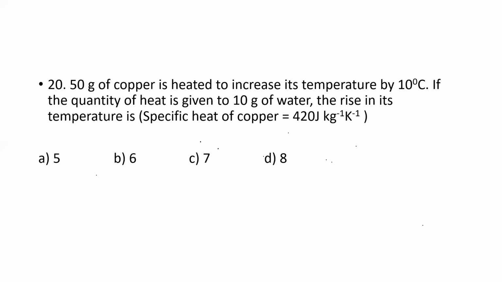Okay. Then 50 gram of copper is heated to increase its temperature by 10 degrees Celsius. If the quantity of heat is given to 10 gram of water, then the rise in its temperature is. So we need to calculate the rise in temperature. We know the formula.